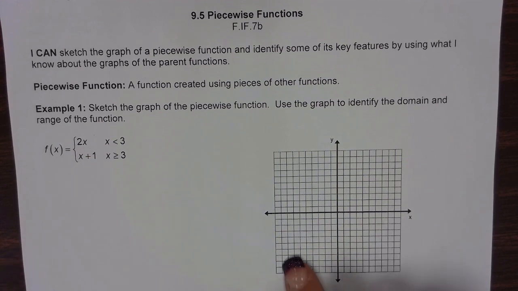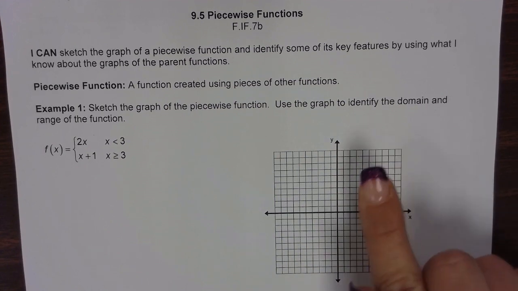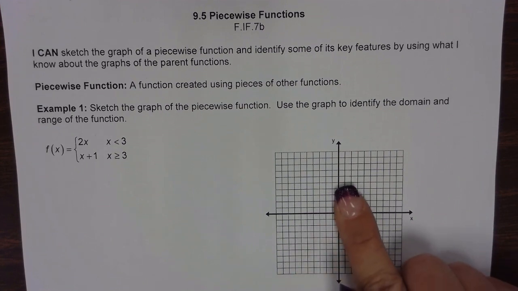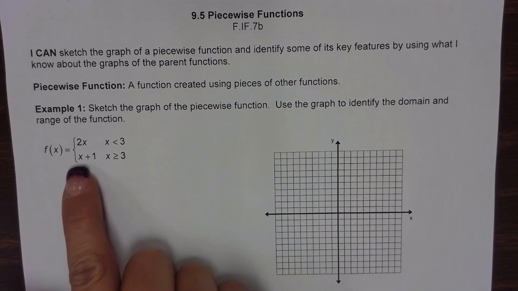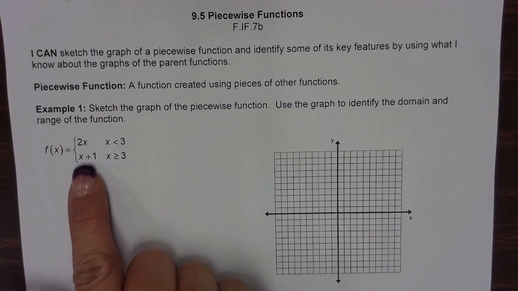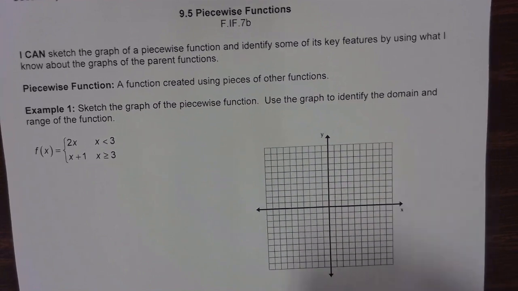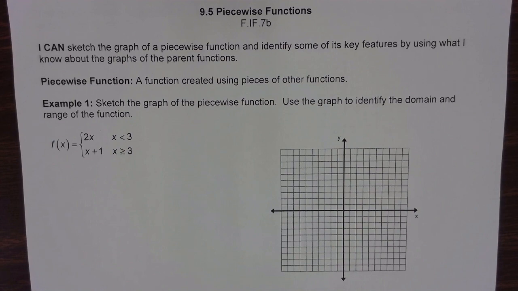Usually we would plot 2x and keep going forever, but here we start plotting 2x and we stop at 3. What we're doing at 3 is we're picking up with a new linear function, x plus 1, so the slope's going to be different.